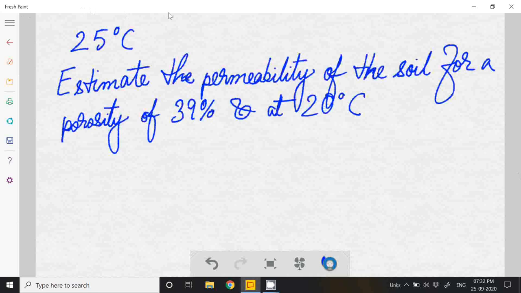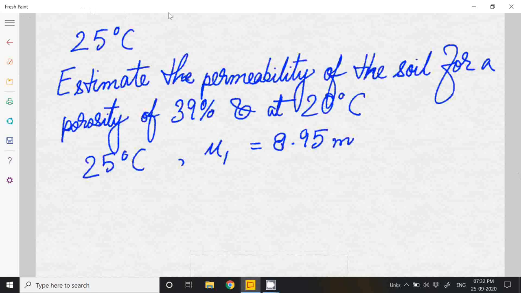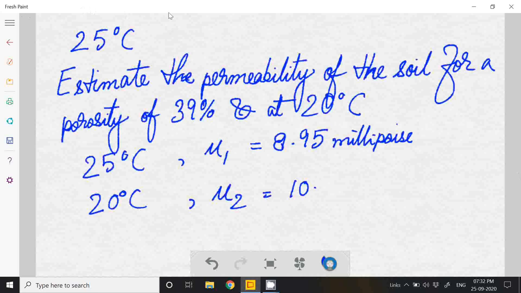So the data is that at 25 degrees, the viscosity, if I consider mu1, is 8.95 millipoise, and at 20 degrees the viscosity is 10.09 millipoise.